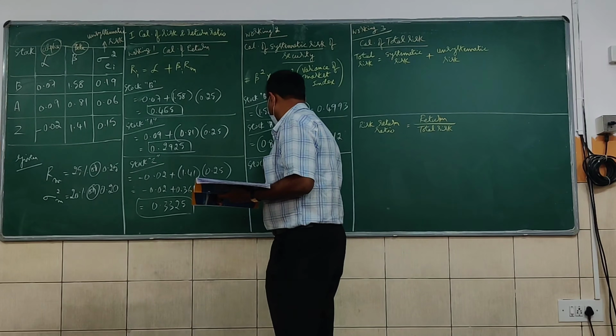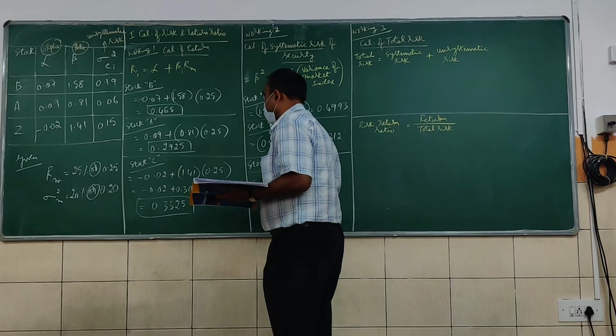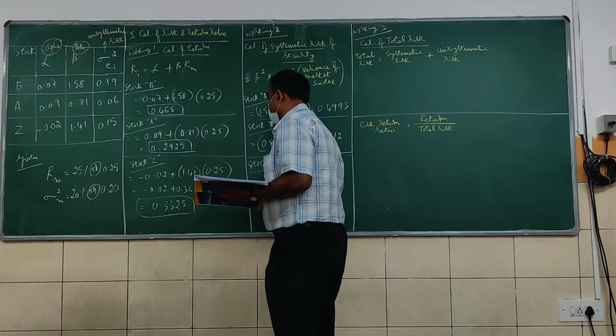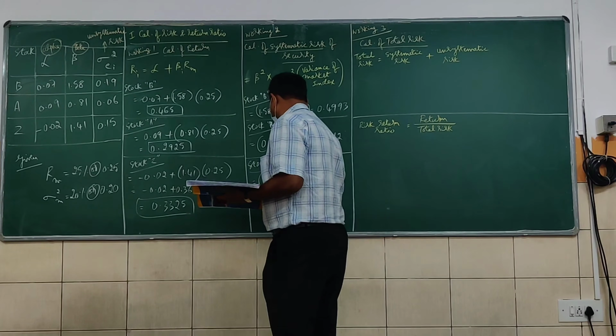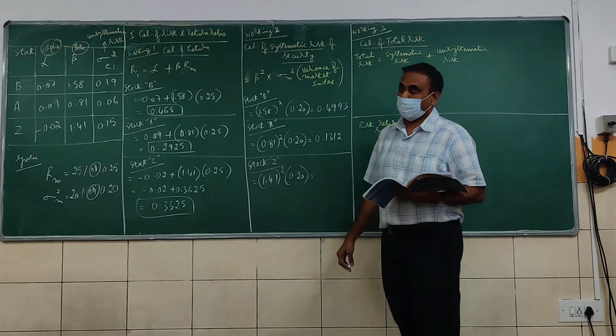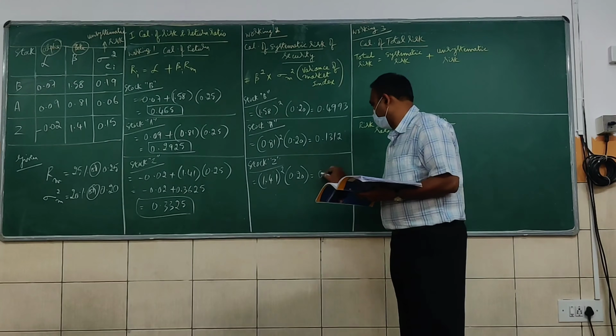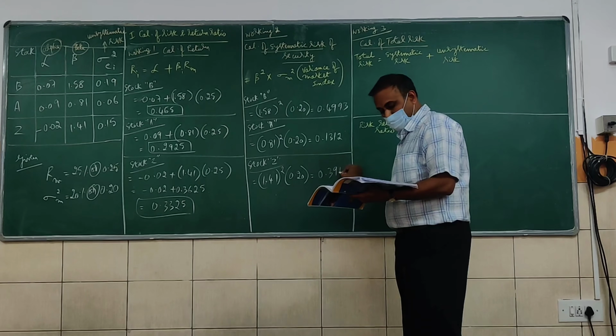Next for stock Z, 1.41 squared into 0.20.